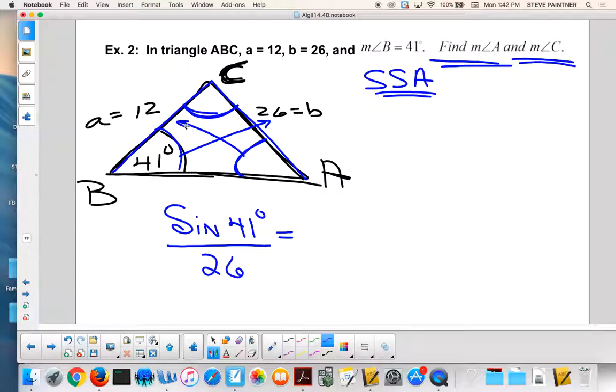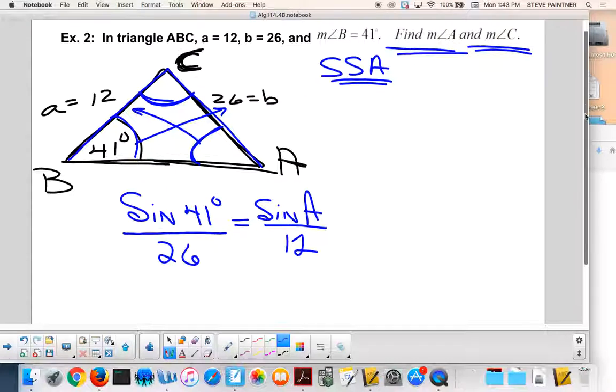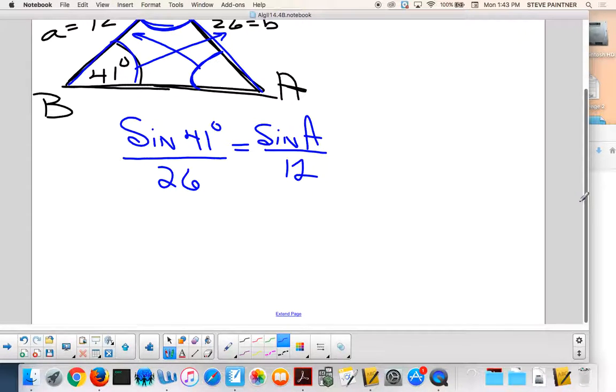You have to pick A. Sine of A over 12. Cross multiply. 12 times sine of 41 degrees equals 26 times sine of A.